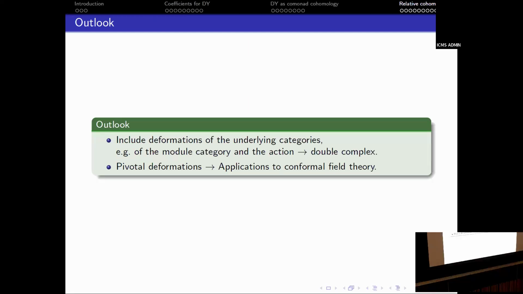And then there is, of course, a question about deforming also the underlying categories. Yeah, so work in this direction exists. In the group of Wendy Lawrence, Violeta Borges-Marquez, she has a complex which contains the Davydov-Yetter complex as a subcomplex. It's a double complex. So in principle, it's clear how to write down double complexes or even higher complexes.